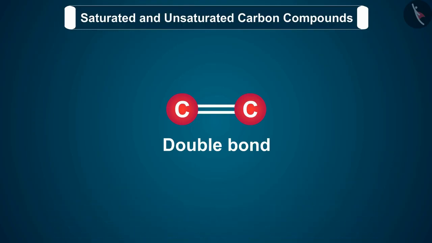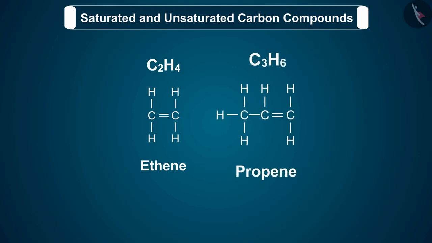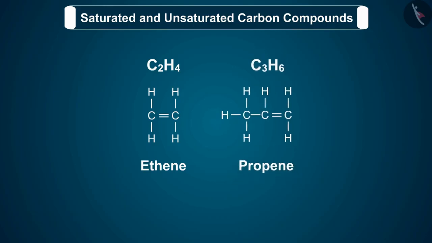So, these alkenes contain a double bond between two carbon atoms which is formed by the sharing of two pairs of electrons. Ethene C2H4 and propene C3H6 are two alkenes. Why? Because they contain a double bond between the two carbon atoms.